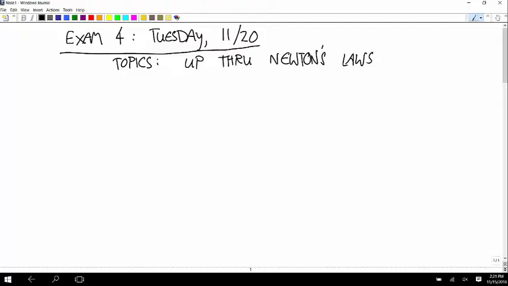Newton's third law corresponds to the third common misconception. Remember the first two? They keep being on quizzes, so you should remember all these.